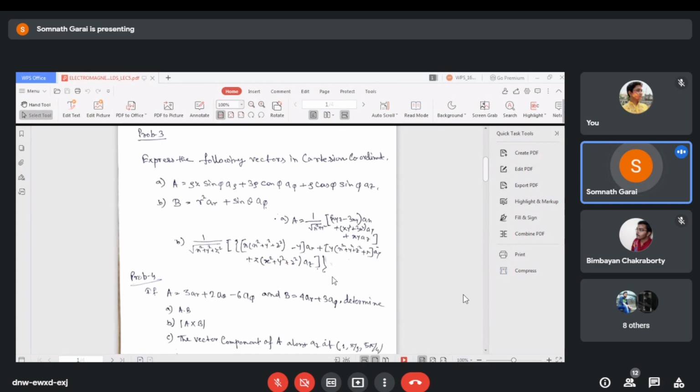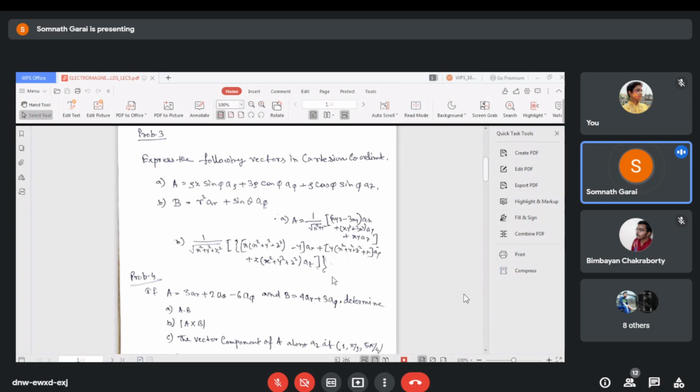Okay, now we determine the value of cos phi. So cos phi is equal to how much? I have already calculated cos phi. Cos phi is equal to x by rho, because we know that x is equal to rho cos phi.